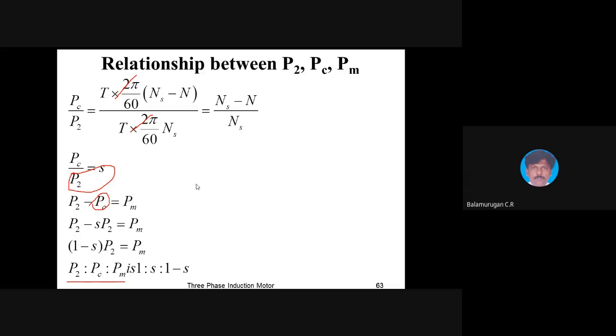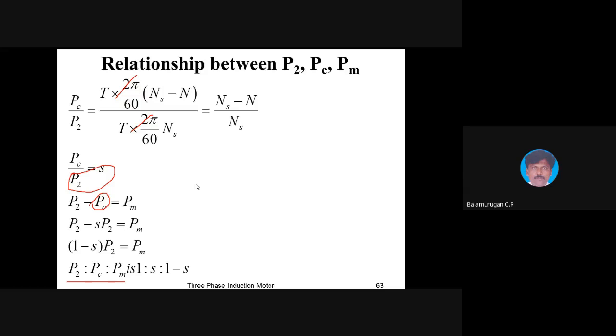We keep P2 as it is. What is the value for PM? P2 into 1 minus S. And PC is S P2. If you divide this entire equation by P2, you will get 1 is to 1 minus S is to S.